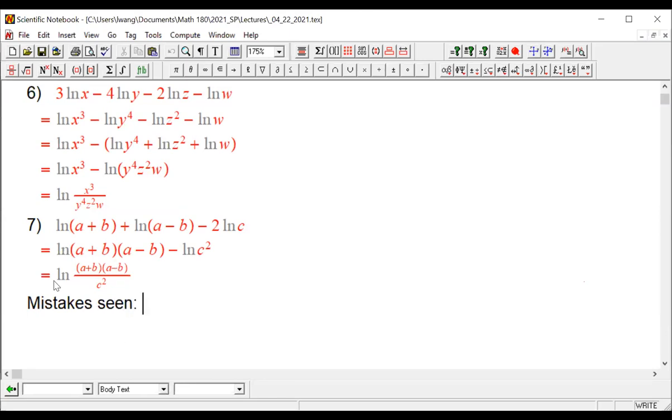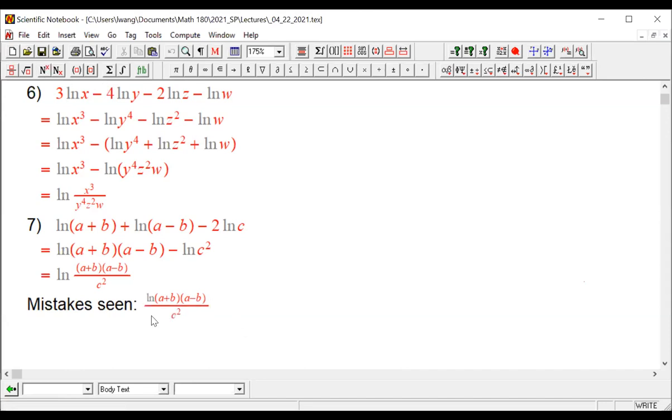But I see all kinds of mistakes. I've seen these mistakes. In terms of handwriting, you have to make sure you write it properly. Some people give the answer like this: ln(a + b)(a - b) divided by c squared.